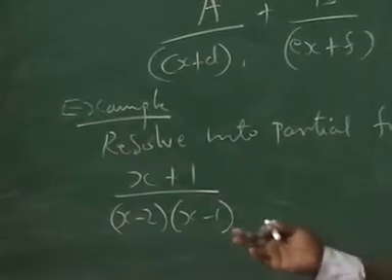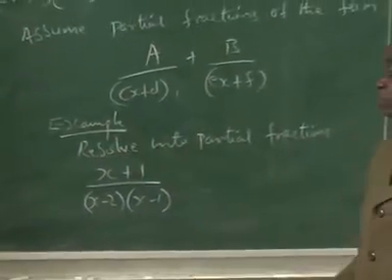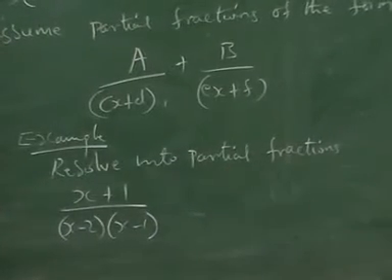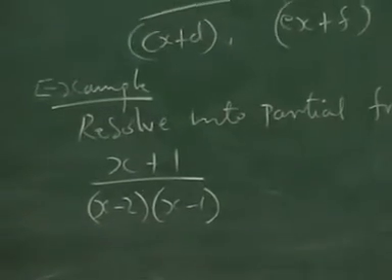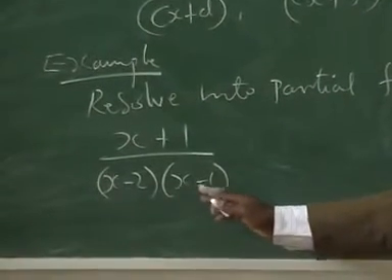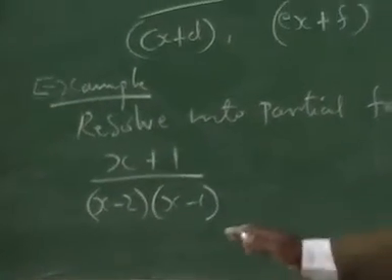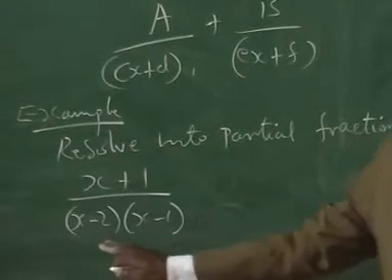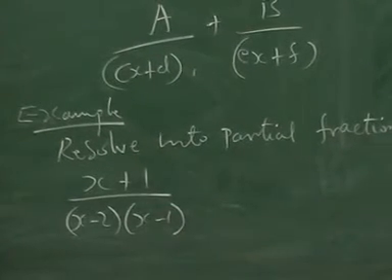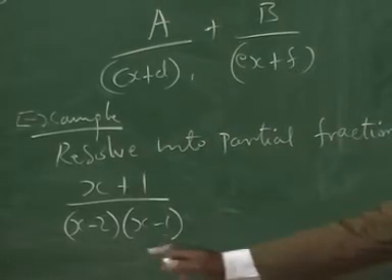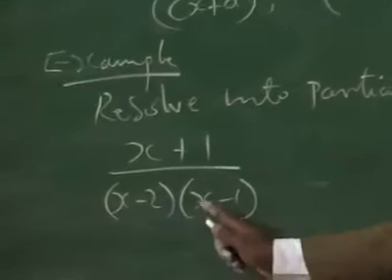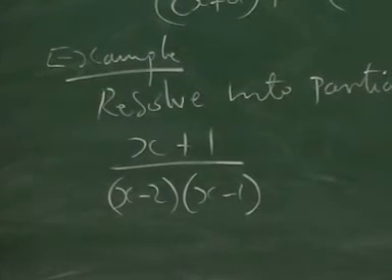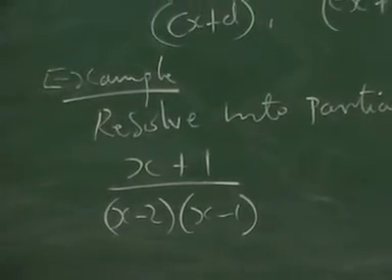So, example: resolve into partial fractions x plus 1 all over x minus 2 times x minus 1. Now we see that the denominator of this algebraic fraction is linear. That is, the highest power of the unknown is 1. Alright. So let's take the solution.